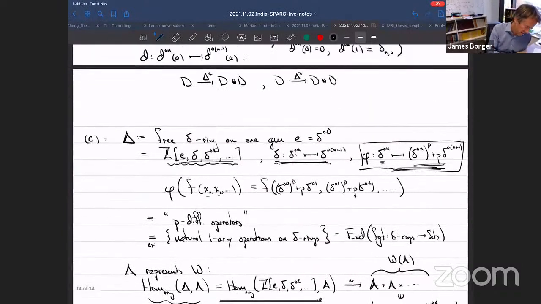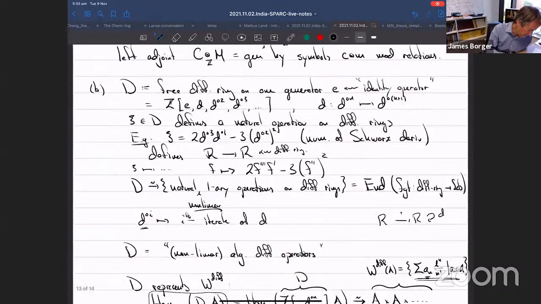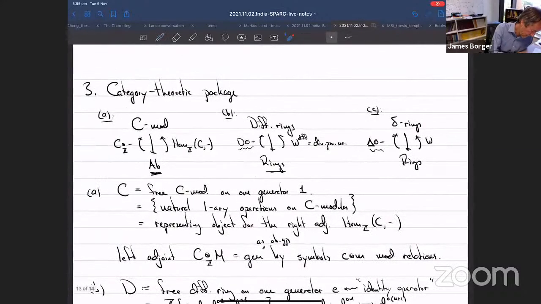So let me go back up here. When we're talking in the normal situation about modules, if your ring C had a presentation, then you could define these functors without even knowing what the word algebra means. You would just define it in terms of generators and relations. Effectively, we did that with the differential rings and the delta rings.